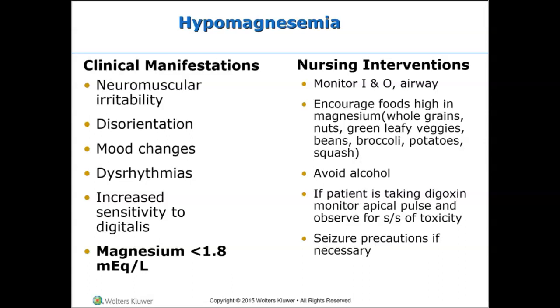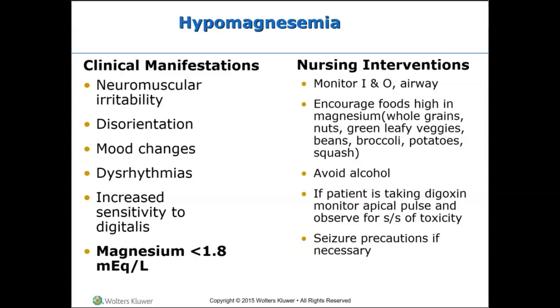So one of the first things I do when I get my labs back, and if I see somebody, it's confirmed, they do have hypomag levels, is check immediately to see if they are on digitalis. Because if they are, then I know that's going to affect that, and I need to connect with the physician to have a conversation about how we want to adjust the dosage of digitalis, okay?